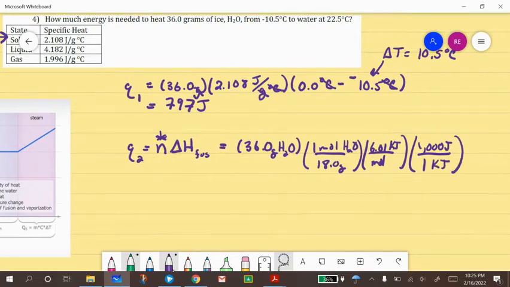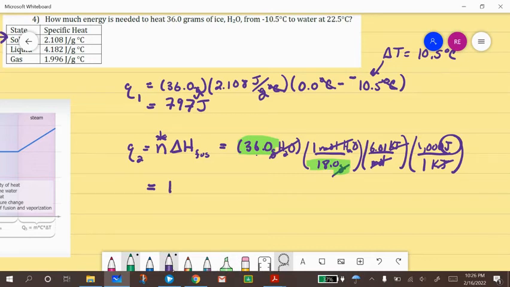So I'm going to put that all together. Grams cancel, moles cancel, kilojoules cancel, and I'm left with joules because I want it to match what I got in the first part. So just converting that 36 grams, by the way, that's 2 moles. If you look at this number right here in the 18, you can see that that's 2 moles. So this number should hopefully make some sense here.